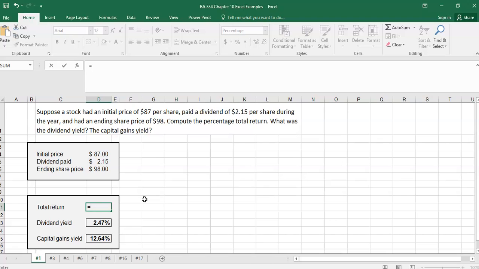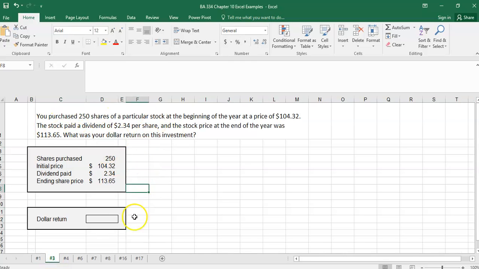So ending price minus initial price plus the dividend paid divided by the initial price. Or the sum of dividend yield and the capital gains yield, if we add them together, we get the same exact result.